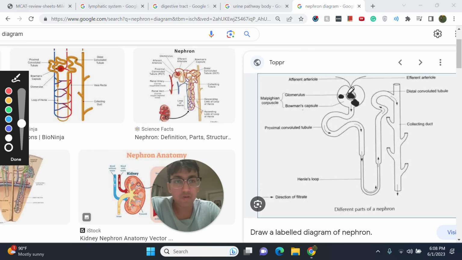And this space is called the Bowman space. Okay, so it goes through to the Bowman's capsule, right? So my bad. The blood is in the glomerulus, and the capsule is called Bowman's capsule, and the space between the glomerulus and the Bowman's capsule is called the Bowman's space.